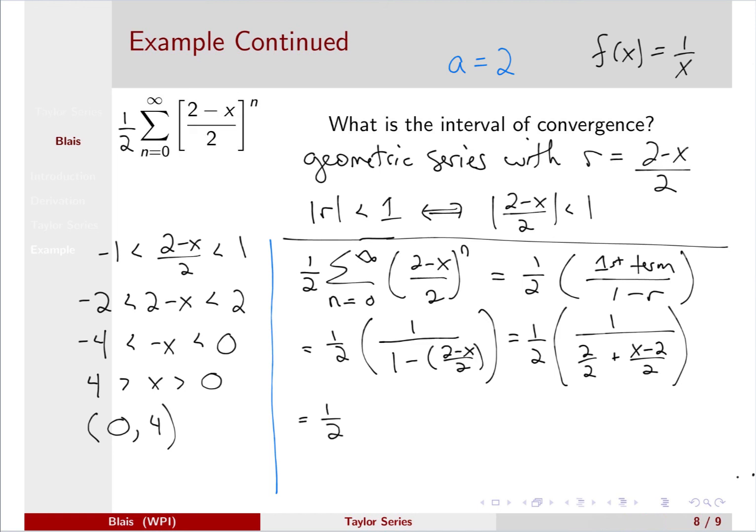Our denominator thus becomes, we see that this 2 and this negative 2 will cancel, and what remains is an x over 2.